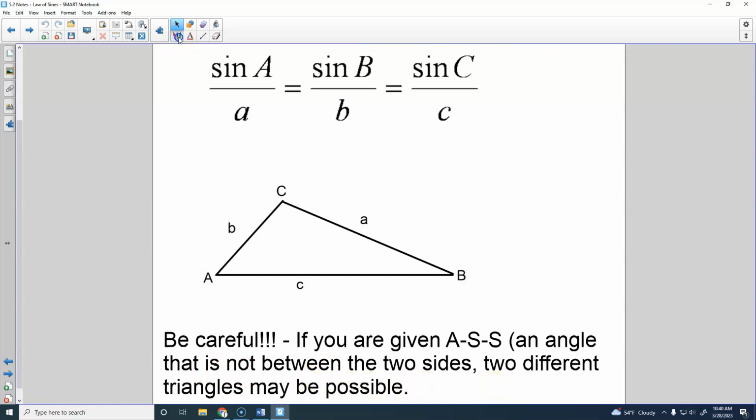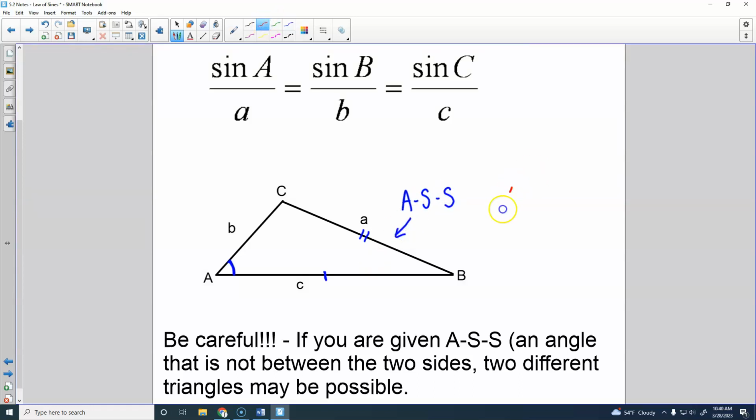So, for example, if I knew angle A, and then I knew side C and side A, and I had these three pieces of information, I would have an angle, but it's not the angle between two sides. So this would be an angle side situation right here.